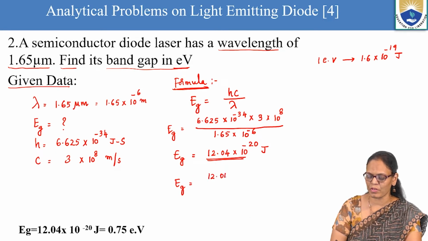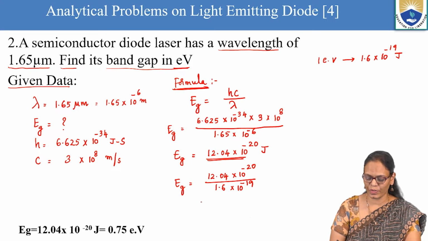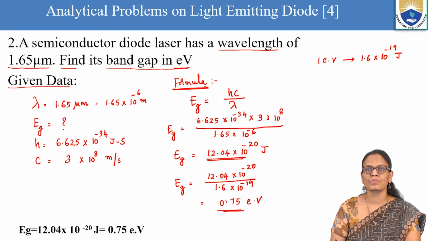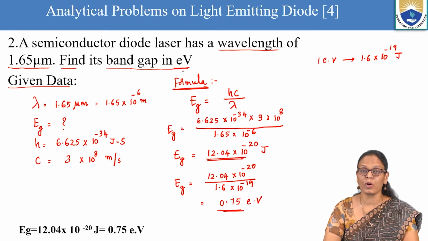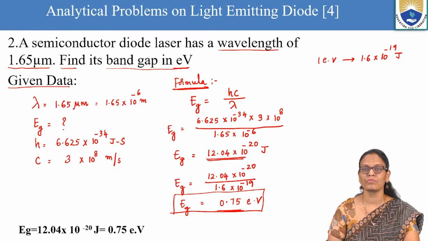So 12.04 into 10 power minus 20 divided by 1.6 into 10 power minus 19. What we get here is 0.75 electron volt. So the band gap, or the energy gap, expressed in electron volt is 0.75.